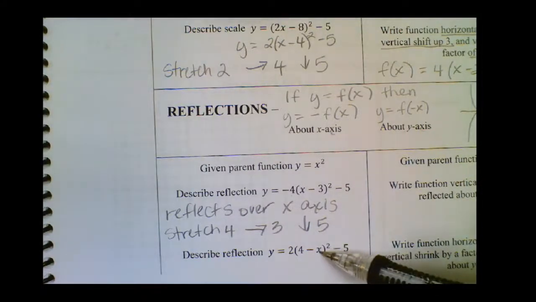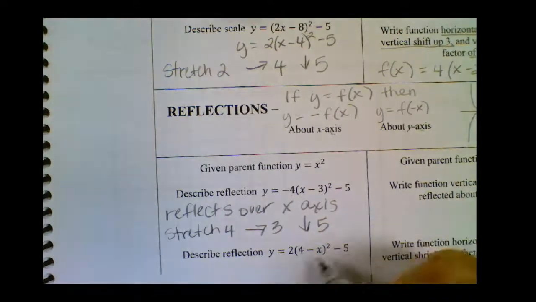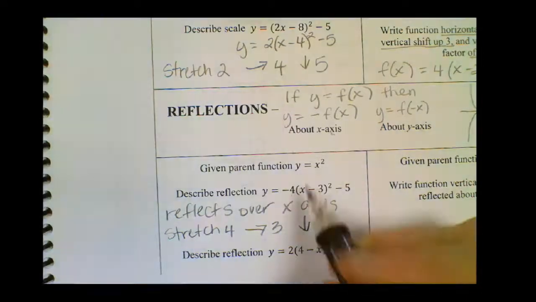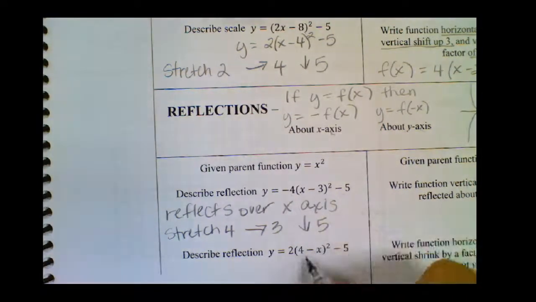In these situations you get kind of an interesting thing going on. So right now it would have no reflection. But if I were to factor out of here a -1 so that I had more of a normal looking a, h, and k value. So if I factored a -1 out of here, then I would have x, and I moved it around a little bit, I would have x minus 4 squared minus 5.